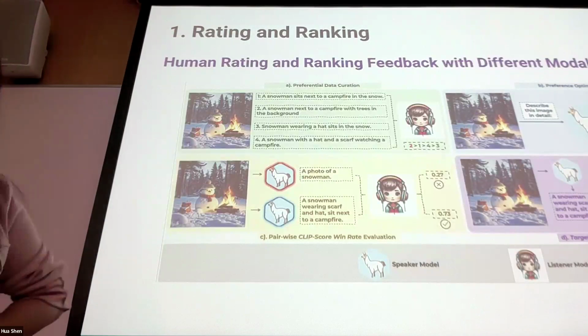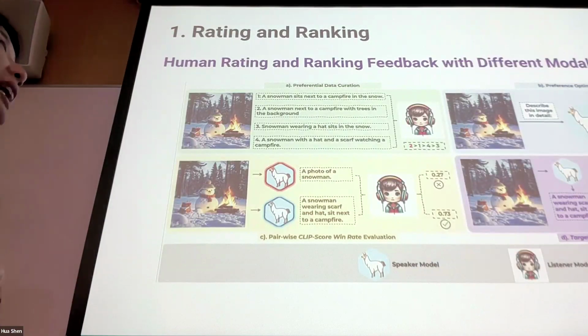And here is the same paper, but using a different modality. They are still doing ranking here, and the comparing, and you can also see ranking by rank 2. And here they are using the CLIP score win rate, giving a specific score and using the score to select which is better. And here you can see they have 4 options and select the best one.